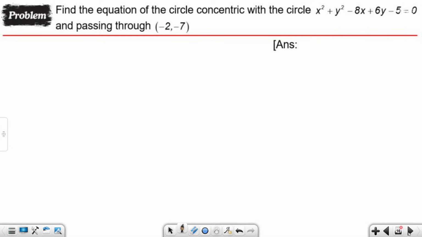Let us take this question. Find the equation of the circle concentric with this circle and passing through -2, -7.